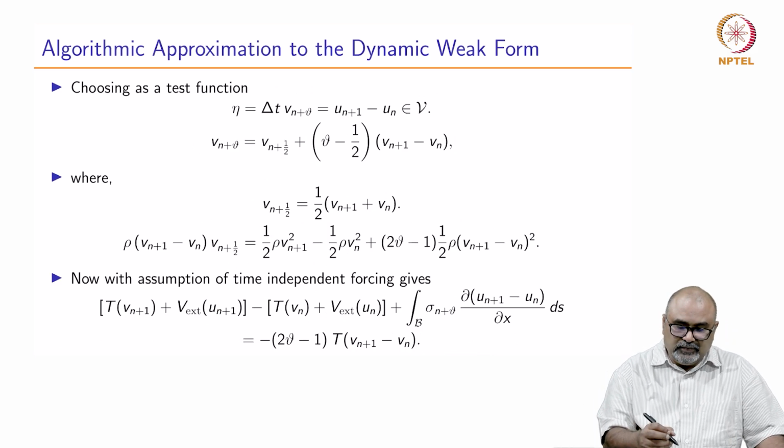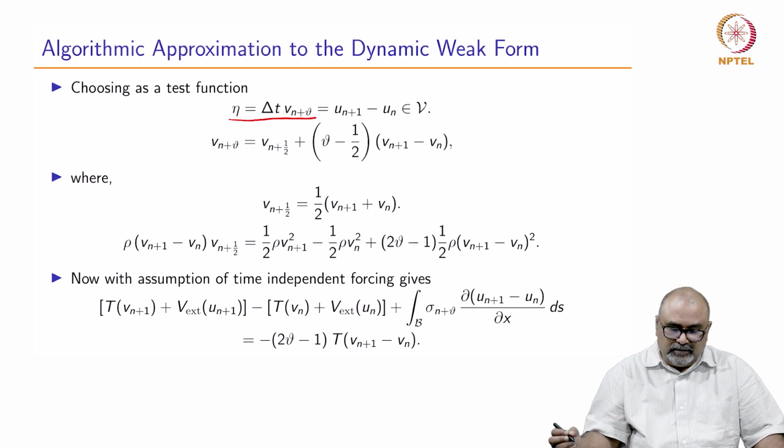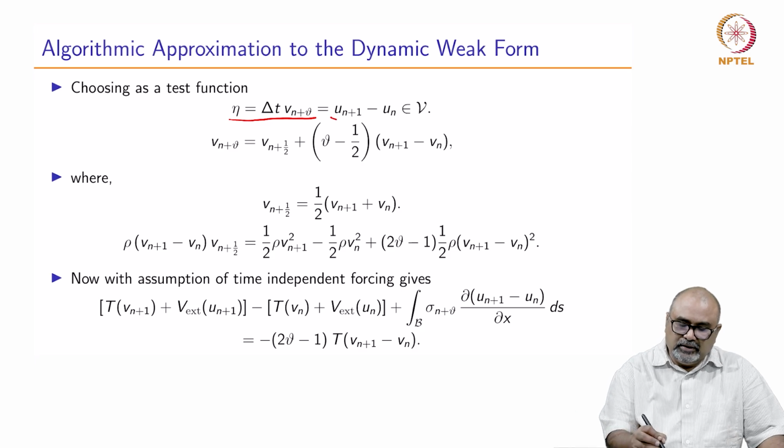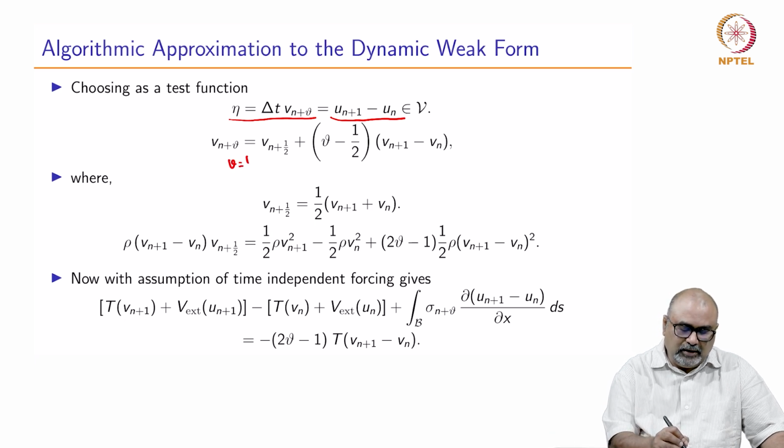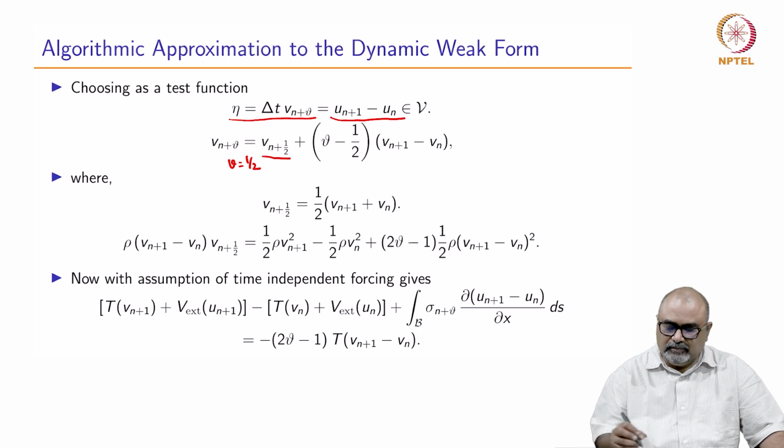Now, if we choose a test function eta, which is defined as delta t times v_{n+ψ}, which is equal to u_{n+1} minus u_n, which belongs to V. Now, for various choices of ψ, we can write the value of v_{n+ψ}. When we choose ψ equal to half, then we can write v_{n+ψ} as v_{n+half} plus (ψ minus half) times (v_{n+1} minus v_n). So, v_{n+half} is defined as half of (v_{n+1} plus v_n).